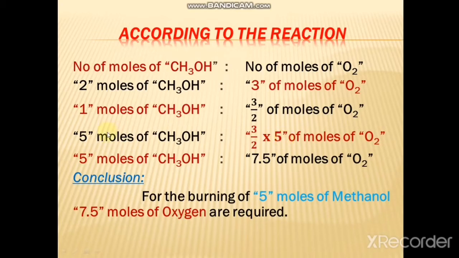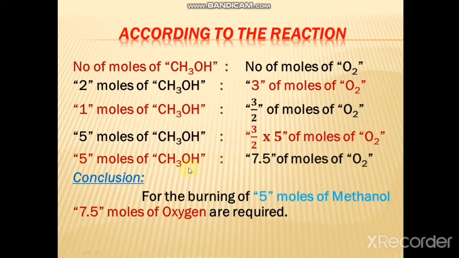So by multiplication we will get, for the combustion of 5 moles of methanol, 7.5 moles of oxygen are used. You can multiply here, it is 5 into 3, 15 by 2, which is 7.5 moles of oxygen.